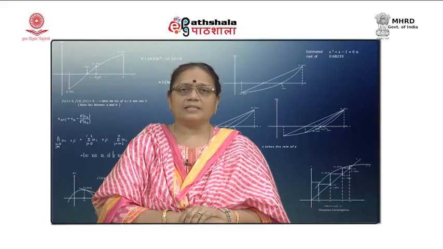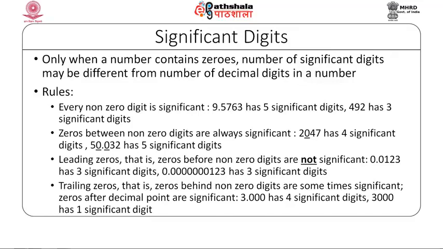So, first let us take significant digits. What is meant by significant digit? All non-zero digits are always significant, but when 0 is there, it may be significant or may not be significant. The importance of significant digits arises especially when the number is between 0 and 1.